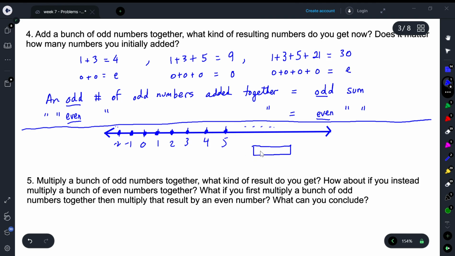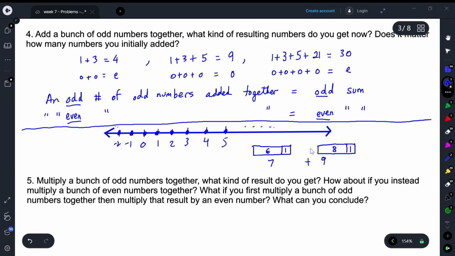All right, so what that means is that if we want to add, let's say, 2 odd numbers together, we could start again visually looking at these odd numbers. And what did we say? We said that every odd number is located right next to 2 even numbers that are 1 away from it. For example, we can think of the number 7 here as 6 plus 1, and we can think of the number 9 as 8 plus 1.